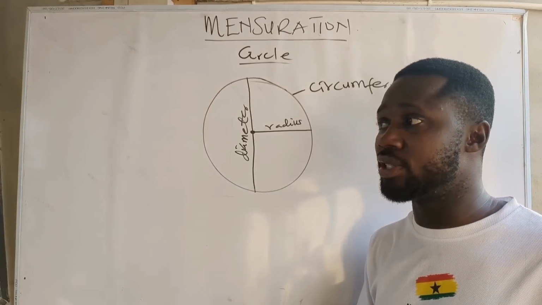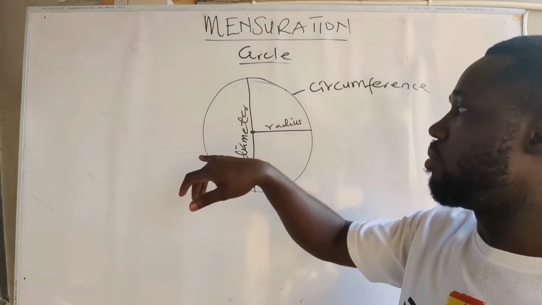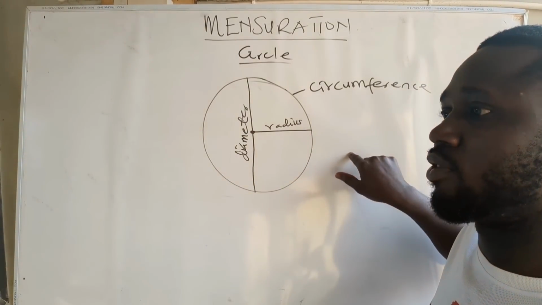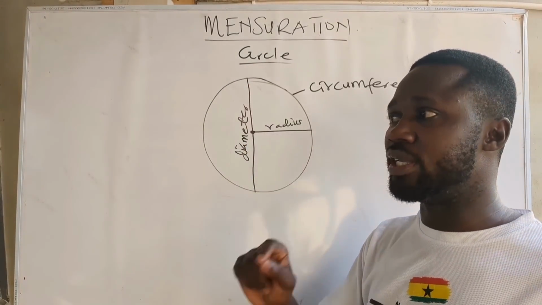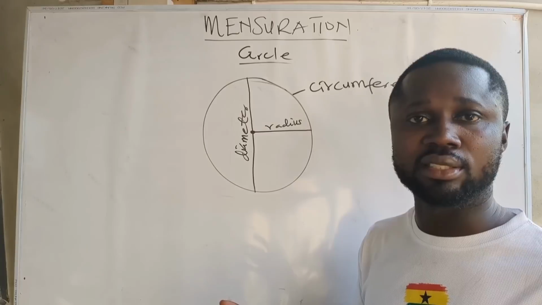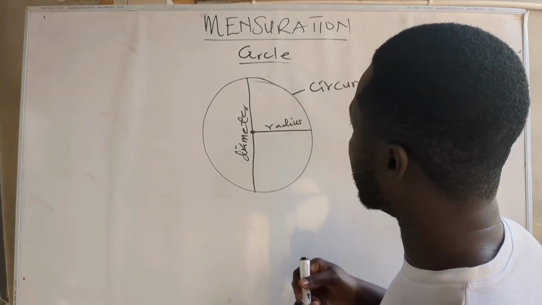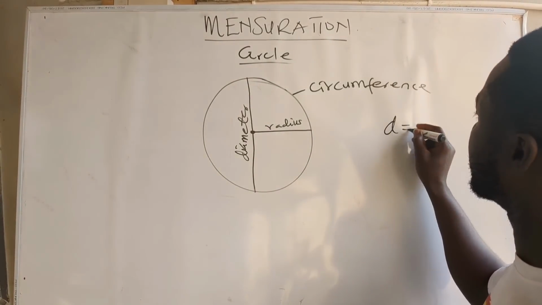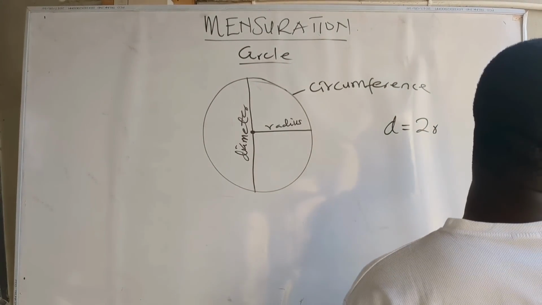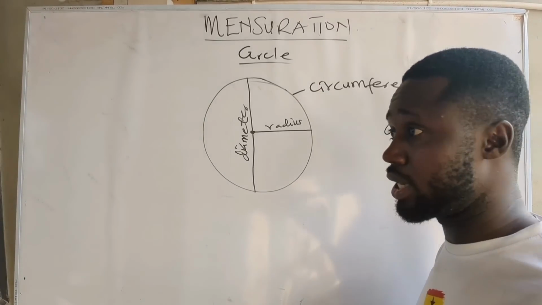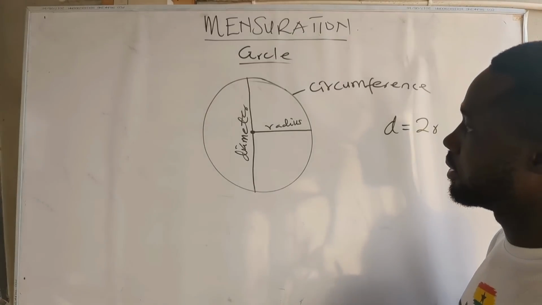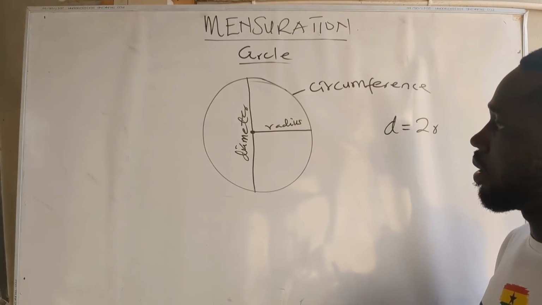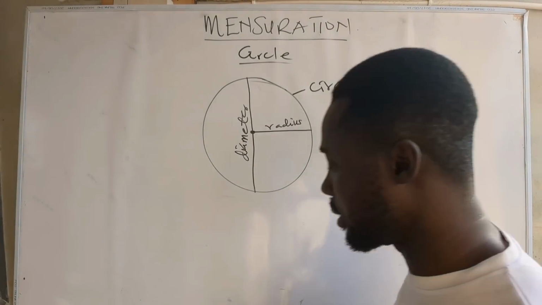Realize that when you are using a compass to draw a circle, the moment you stand at the center and draw, any point of the circumference gives the same distance. So we can say that our diameter is equal to 2 times our radius. So the diameter is 2 times the radius.